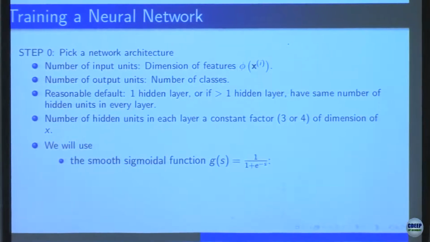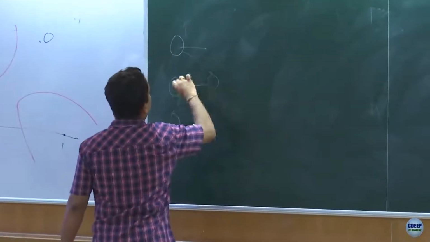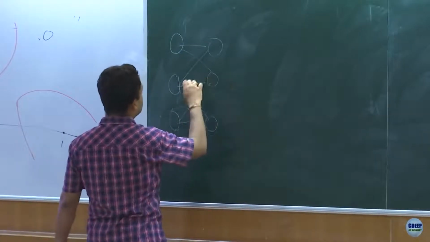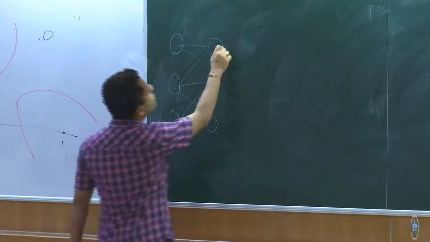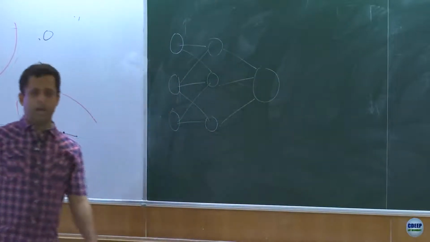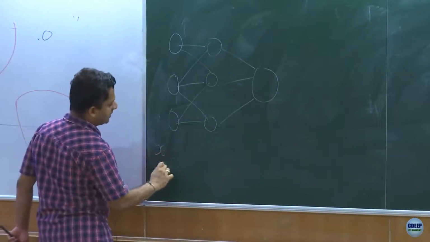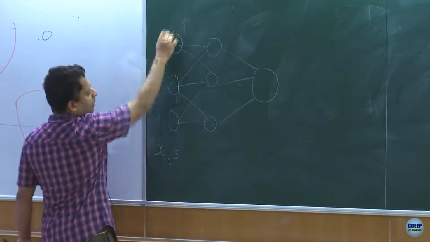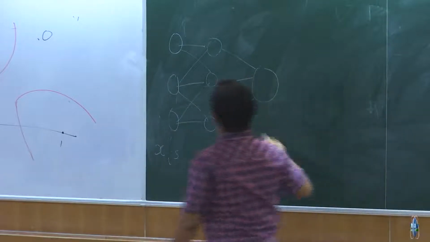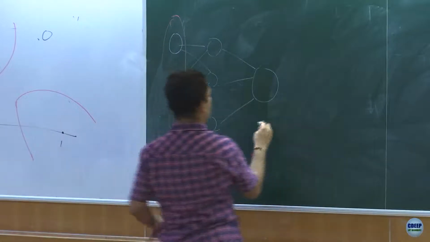I fix the architecture, and my architecture may be inspired by discussion on VC dimension. There could be some other inspiration for the architecture, but whatever be the architecture, how do I train it? My inputs xi's will be situated here. My outputs are here.